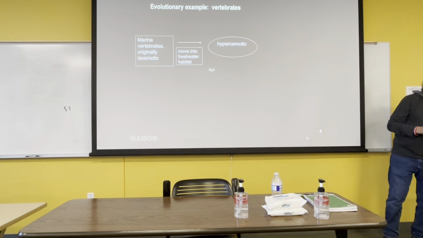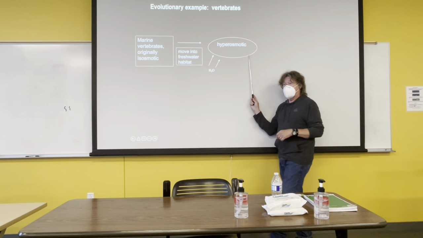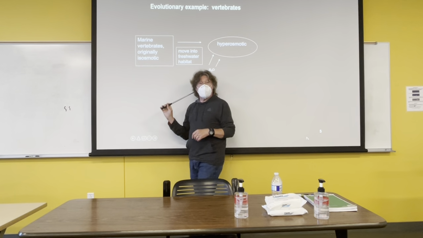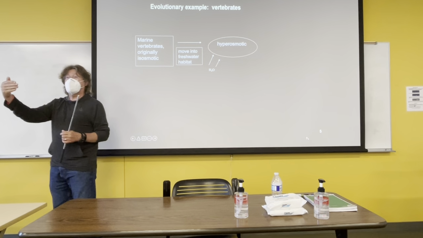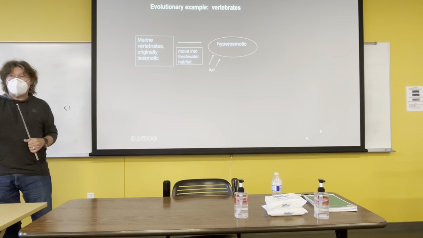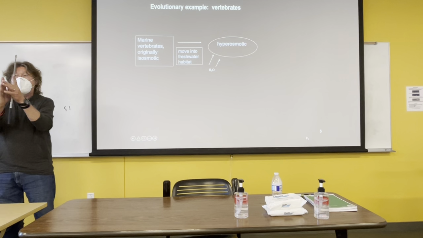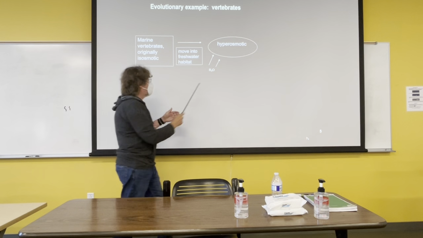Some of this water is moving through the skin, but most of it is entering through the gills, because there we have just a thin epithelium in the lamella, where we have blood and water really close together, and we get salts leaking out and water moving in.